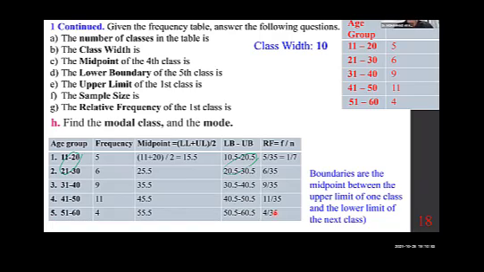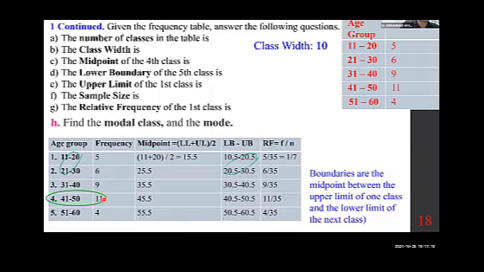The next one is asking to find the modal class. The modal class is the one with the highest frequency of occurrence, which is 11, therefore it makes it class number 4, from 41 to 50. And to find the mode, you just look at the midpoint for that. So what is the modal class?